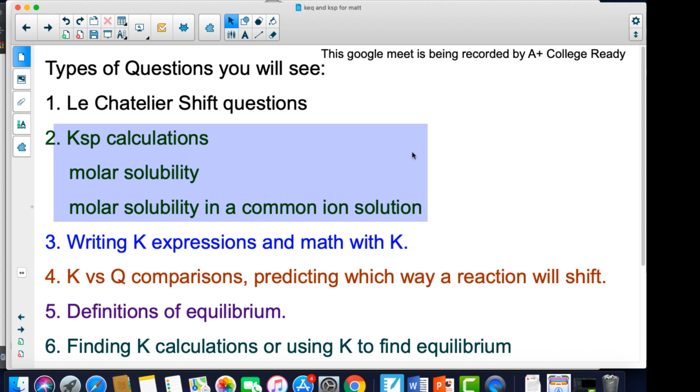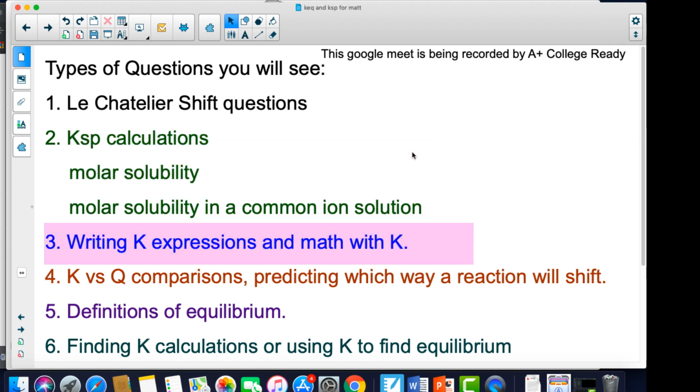They also could put a little bit of a twist on that and say, hey, what is the molar solubility of this thing when there's a common ion? So for example, what's the molar solubility of silver chloride? Well, what's the molar solubility of silver chloride when there's already some chloride ion in solution? They both work the same way. It's slightly different approaches. And in this webinar, I will try and show you what that looks like.